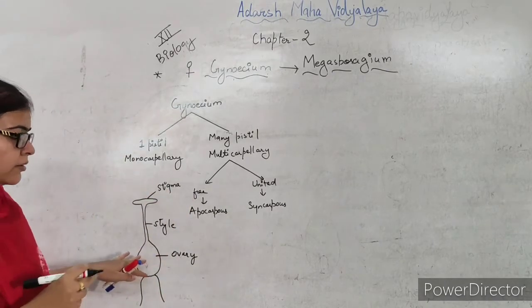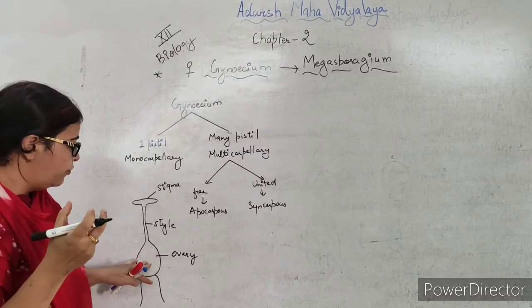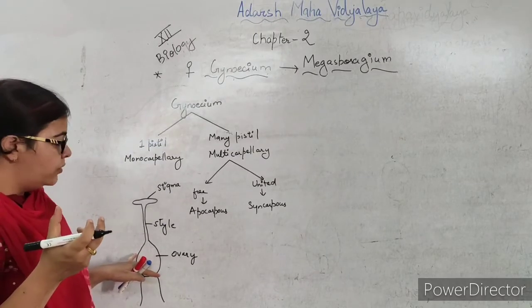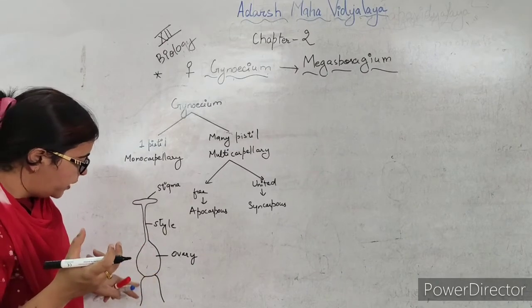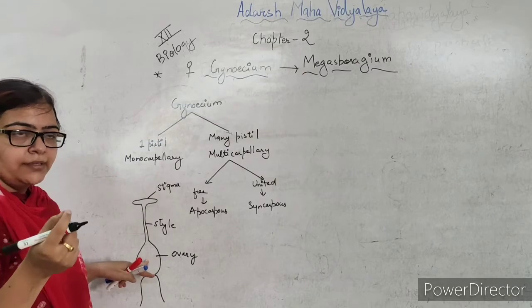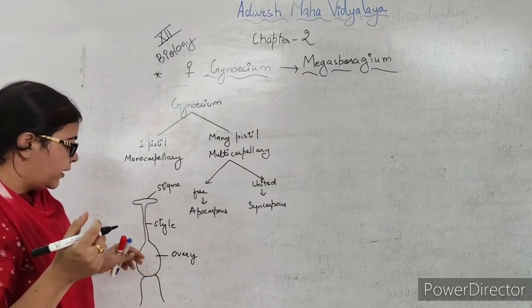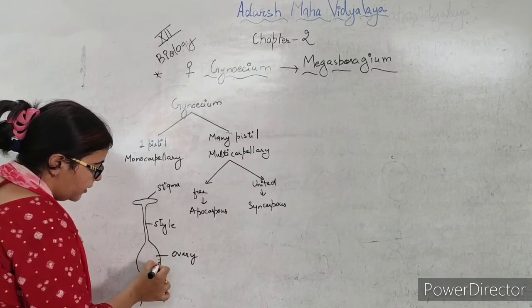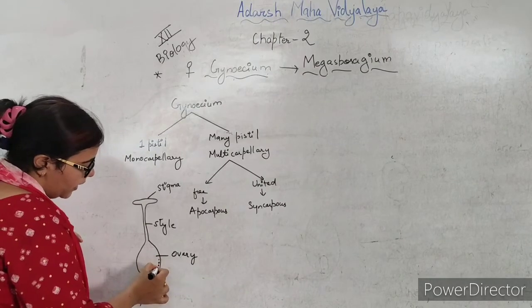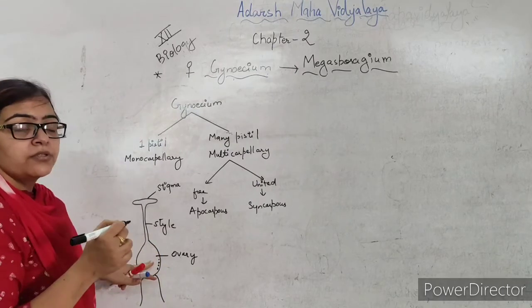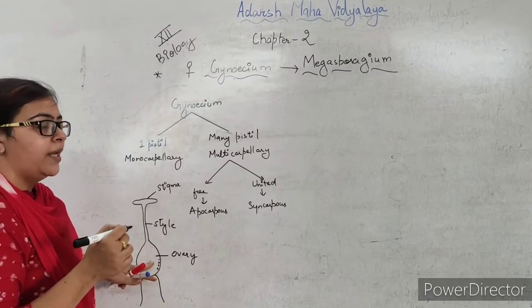Now there are swollen parts inside the ovary which are called ovules, and these ovules are attached to the ovary wall with the help of a structure that is called placenta.